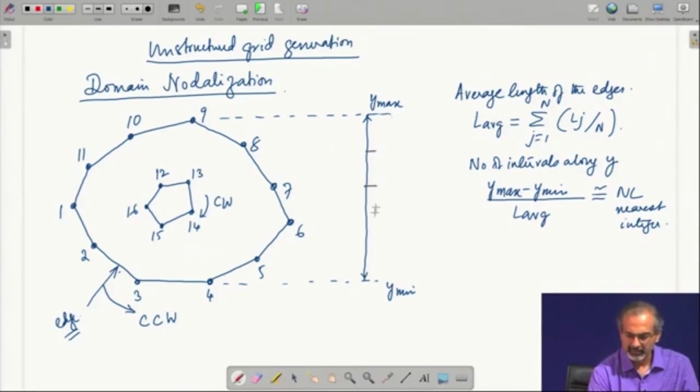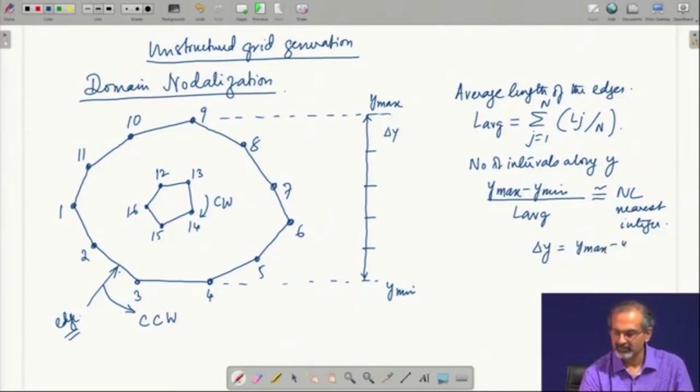That divides this height into an integral number of intervals, right. And of course, the final delta y that we have for each interval will be equal to y max minus y min by n L. So, each one of these would have a height of delta y.